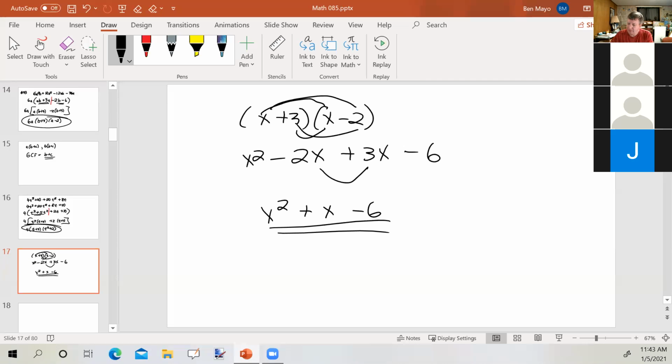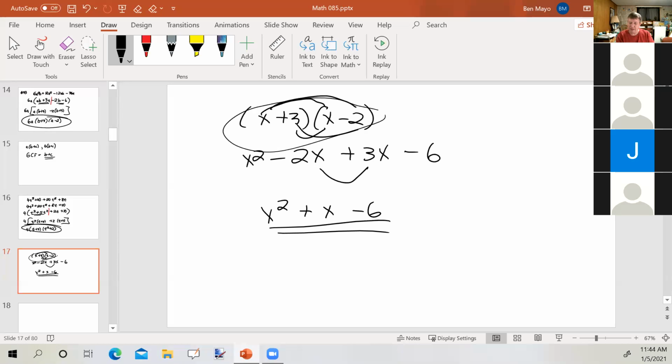Now, back in chapter 5, we were multiplying and dividing polynomials. In this chapter, we're going to be unmultiplying, so to speak. Or instead of distributing like we're doing here, we're going to be undistributing, but we're going to call it factoring.